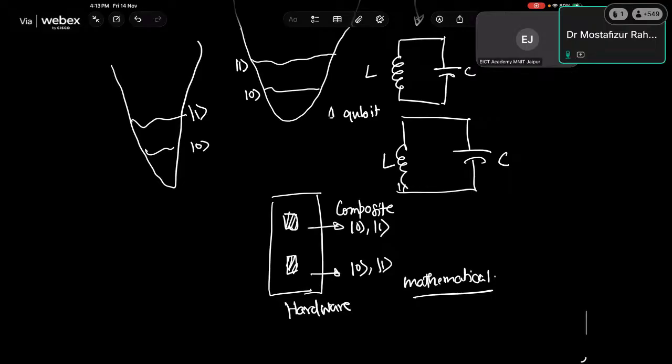But when we write it in the system together, it forms the composite quantum system, and the possibilities are 00, 01, 10 and 11. These are four computational basis states we create using the superposition phenomena.